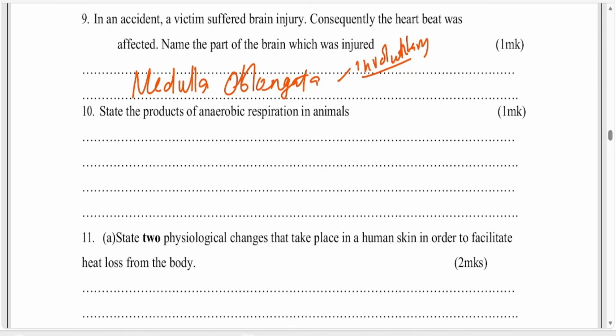Here we have the major products: lactic acid and energy are the major products of anaerobic respiration in animals.